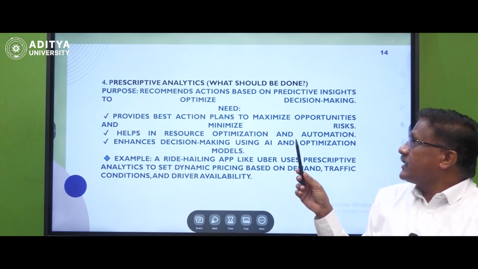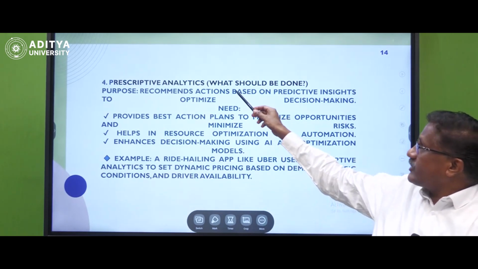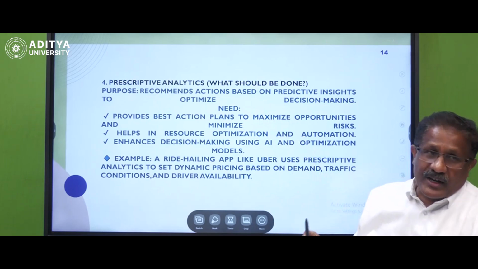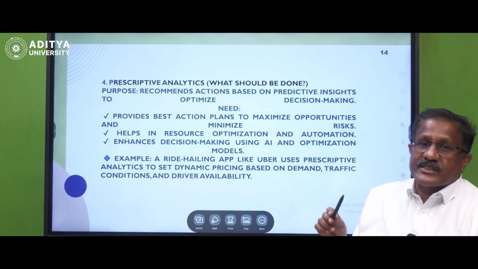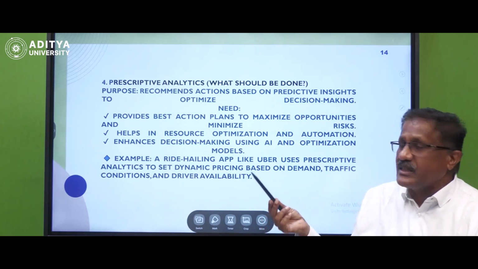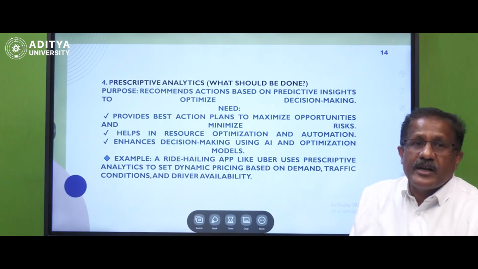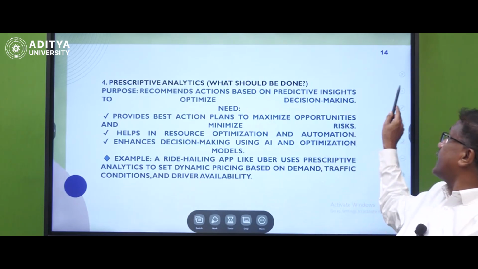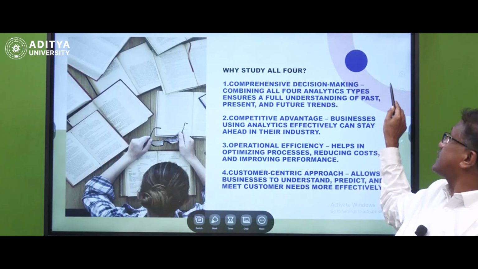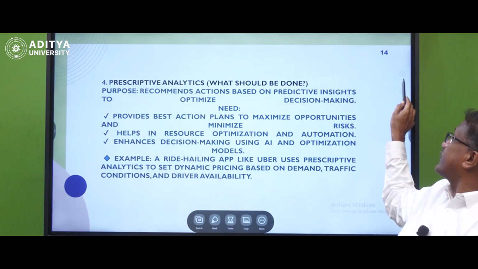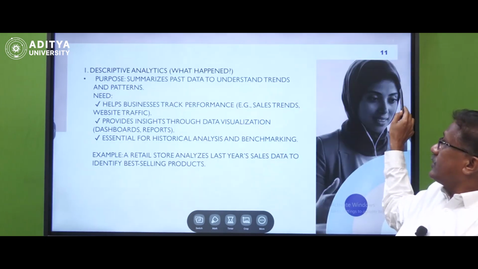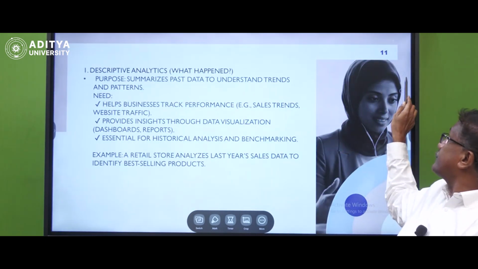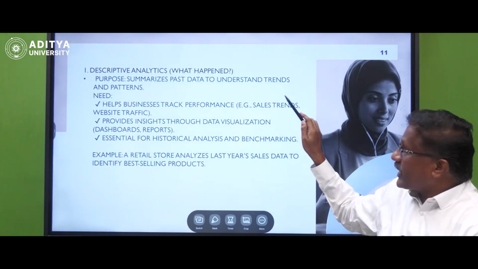What actually is done in prescriptive is: what should be done, what actions should be taken for better optimization with the help of various methods, maximizing profit and minimizing risk. So these are the four different types of methods we are going to study. What have we studied now? Four: descriptive analytics, the first one, that is what happened.